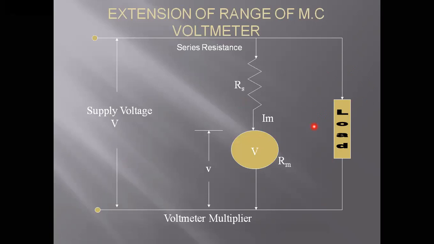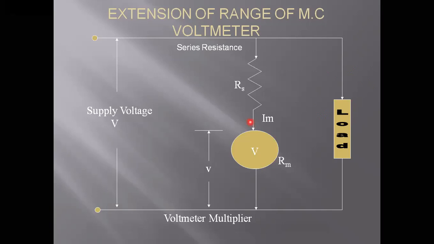An ammeter should be connected in series, because when it is connected in series, the current through the load will be seen as the current through the ammeter, and hence the ammeter will indicate the current through the load. Similarly, a voltmeter should measure the voltage of the load, and hence it should be connected in parallel to the load, because parallel circuits have the same voltage.